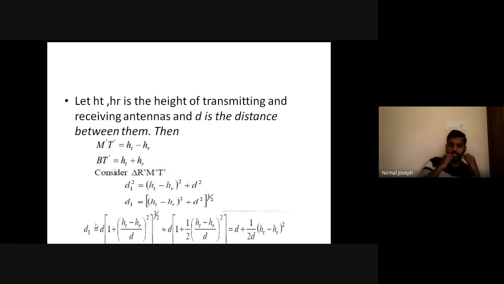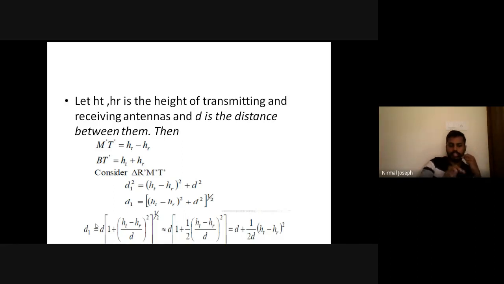Now we are going to do a simple manipulation of this equation, taking D square outside. Taking D square outside will leave the equation as D1 is equal to D into root of 1 plus HT minus HR by D the whole square. And there is a standard result for this type of equation by polynomial expansion.